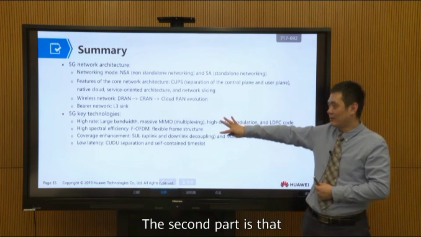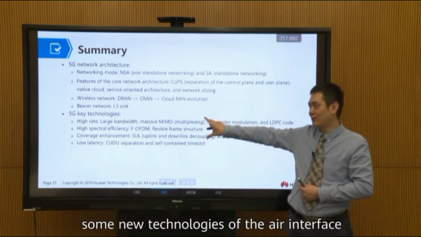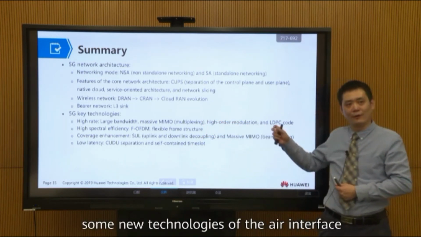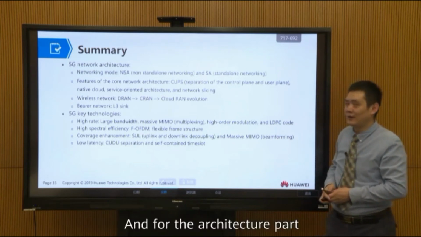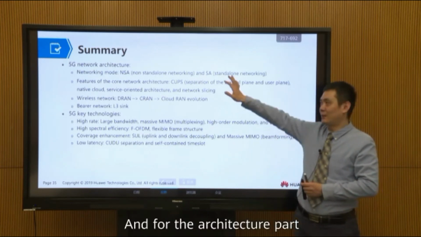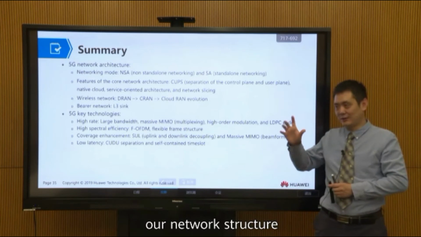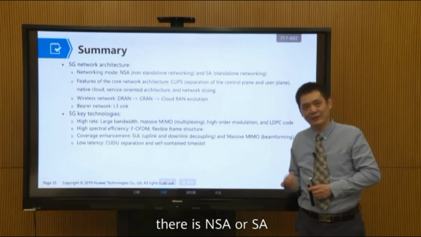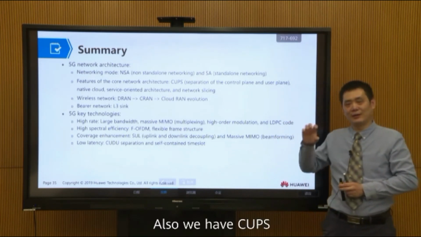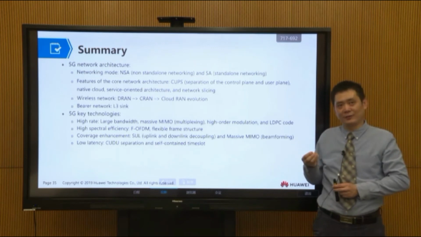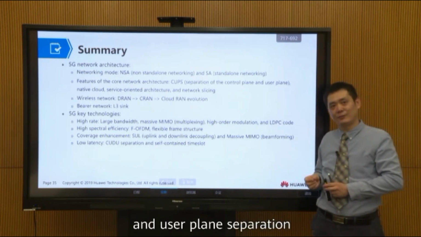And the second part is that we also need to introduce some new air interface technologies. For the architecture part, our network structure has NSA or SA. And we also have CUPS, that is control plane and user plane separation.